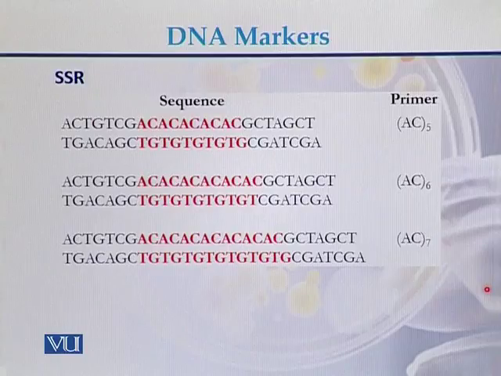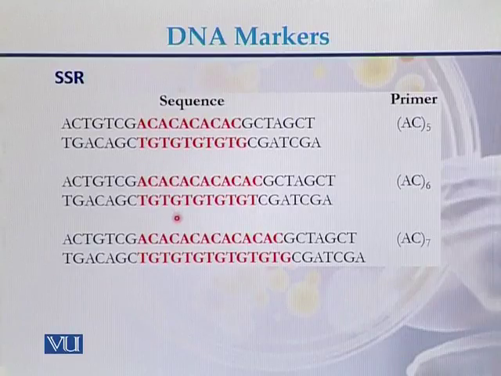This is an example of the SSR. Here we can see that in case of the first DNA molecule, there are 5 repeats of AC. So this is a dinucleotide DNA where AC is going to repeat. In this DNA molecule, AC has been repeated 5 times.